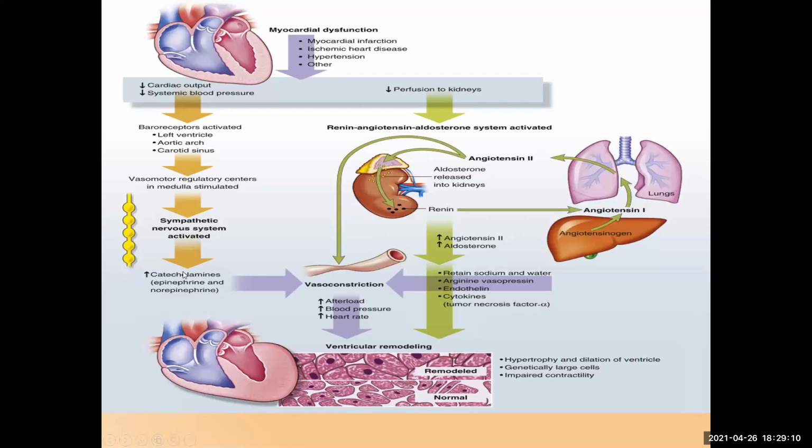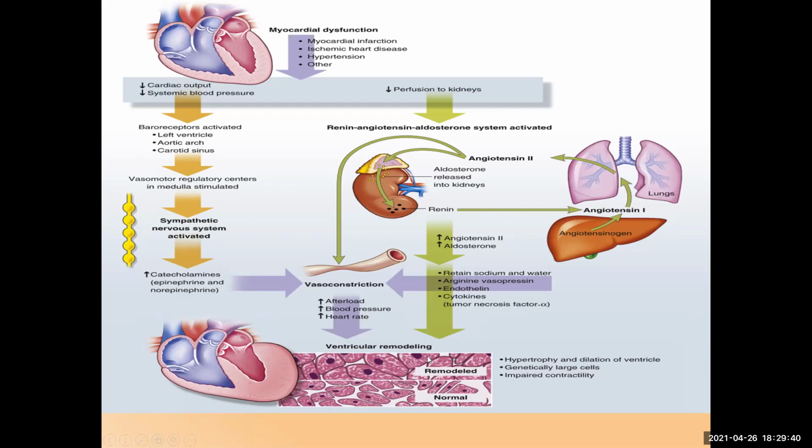So then you can see how this just starts a cascade of effect. So you're going to get vasoconstriction, which is going to help increase the afterload, blood pressure, heart rate. And then this other system, perfusion to the kidneys, gets decreased, which is the RAAS system is activated, and you go down this system.